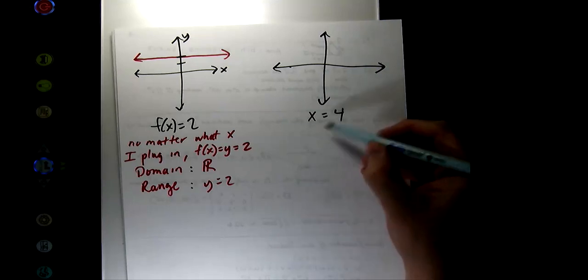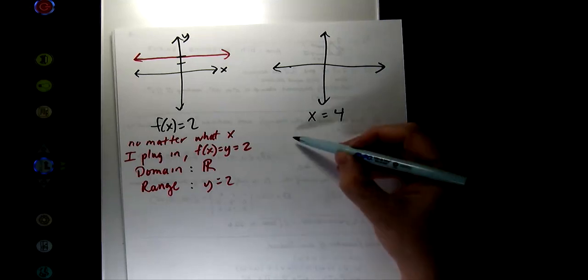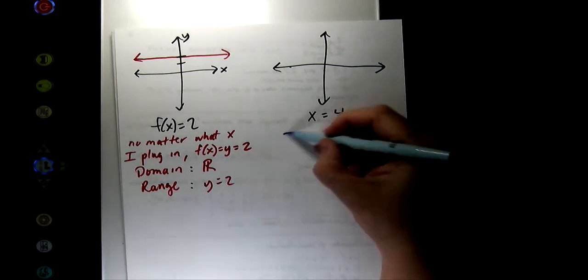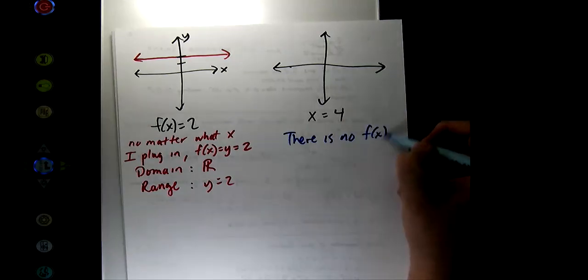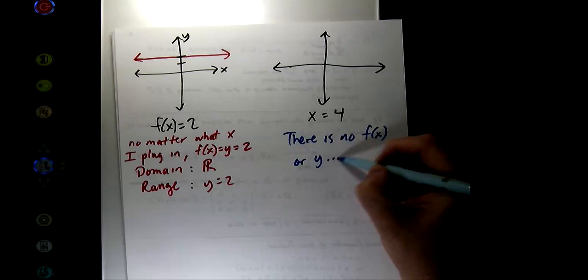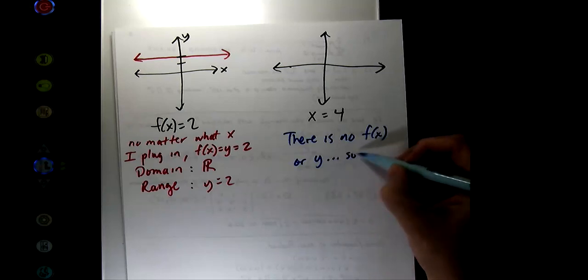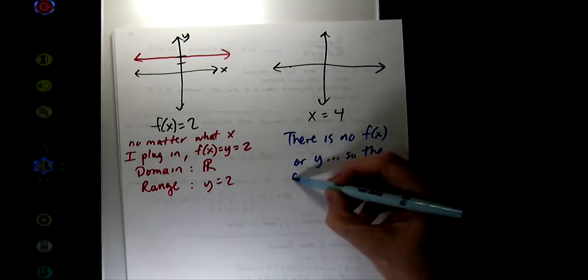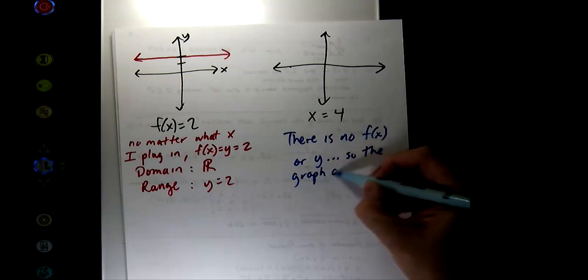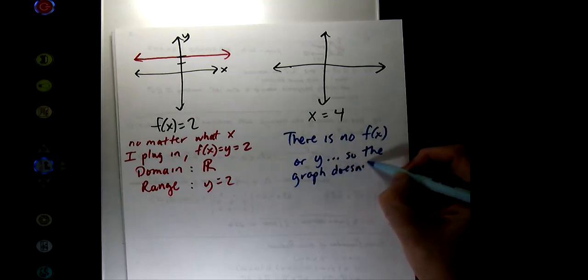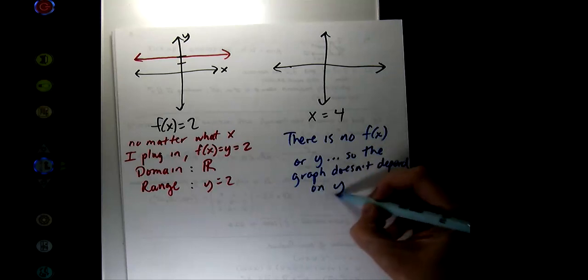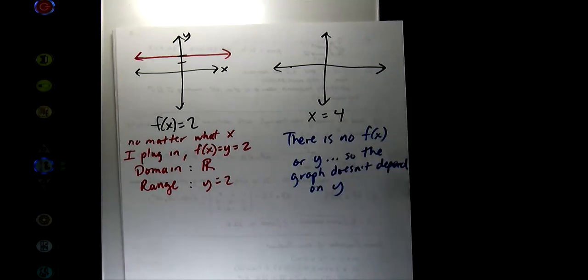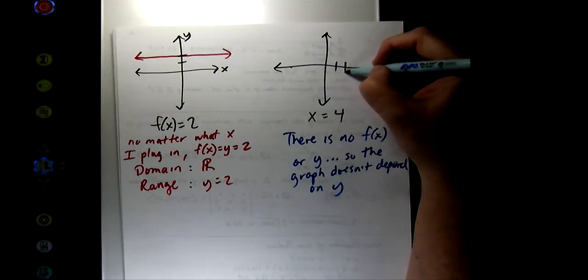Here, there is no f of x or y. So the graph doesn't depend on y. x equals 4.